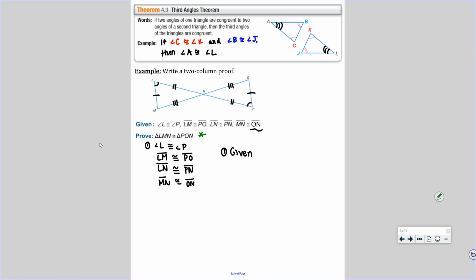All right. Any ideas of other angles that we know could possibly be congruent on those two triangles? Alejandro, what do you think? Angle M and angle O. Okay, why? Because they're connected to side LM, which is congruent to side PO, and so is side MN and side ON.